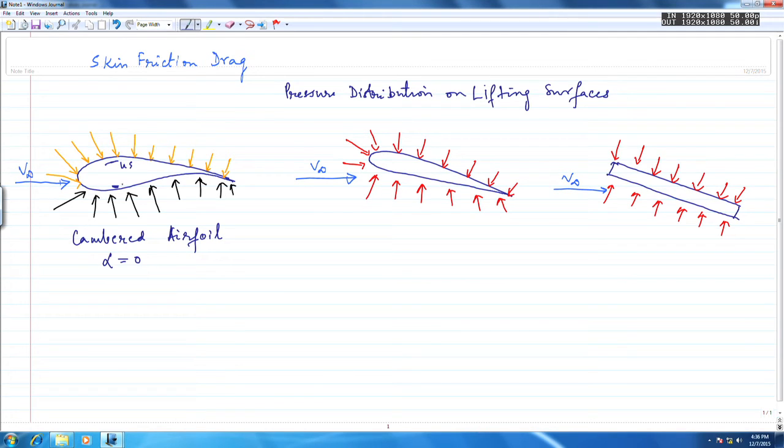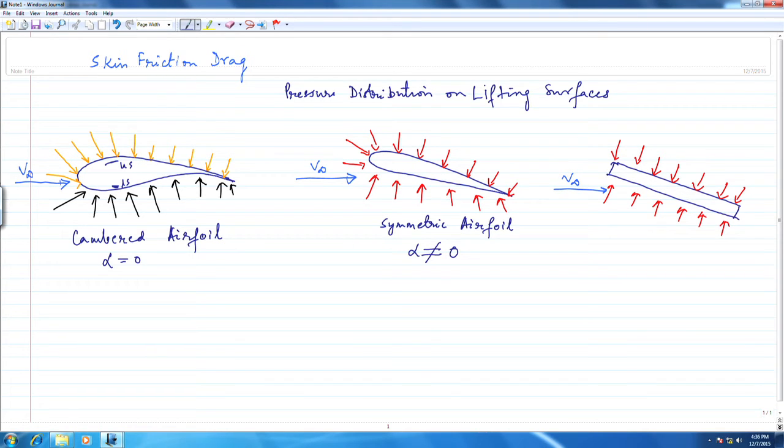This is the upper surface, this is the lower surface. This is a symmetric airfoil, and here angle of attack is not 0. There is a certain angle of attack.